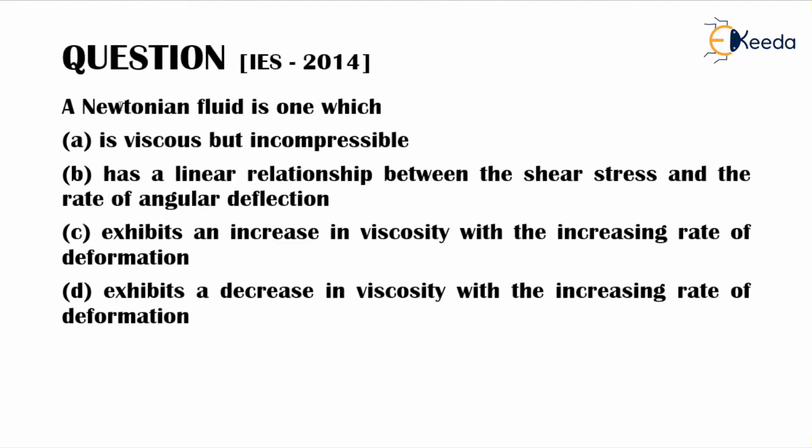Next, a Newtonian fluid is one which is viscous but incompressible, and has a linear relationship between the shear stress and the rate of angular deflection. Now this seems to be correct. Why?